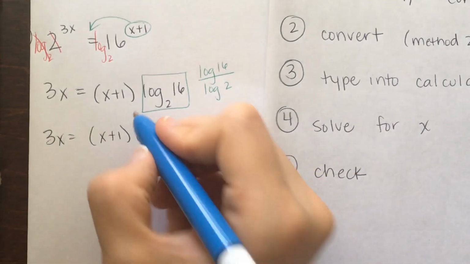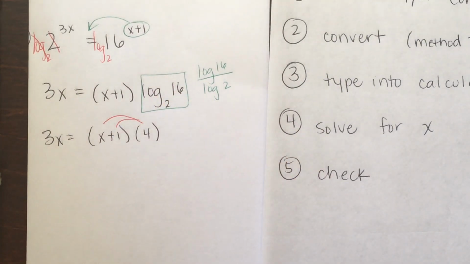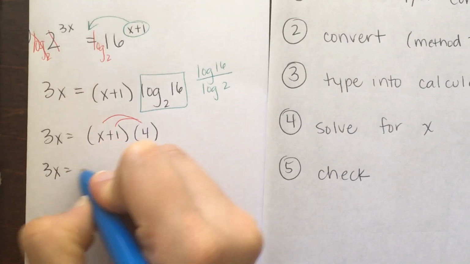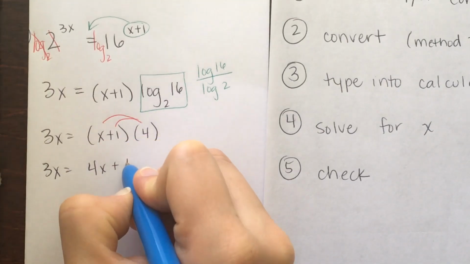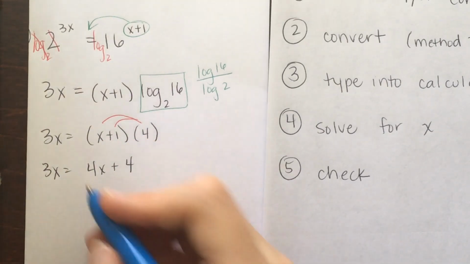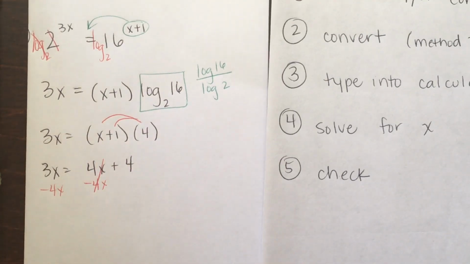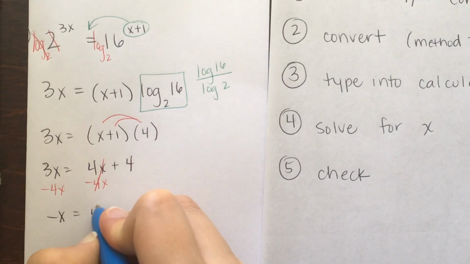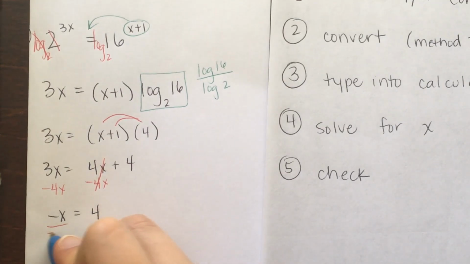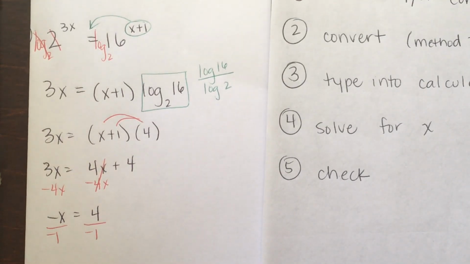And now solve for x. So distribute, move all of your x's to one side of the equal sign, and divide your negative over.